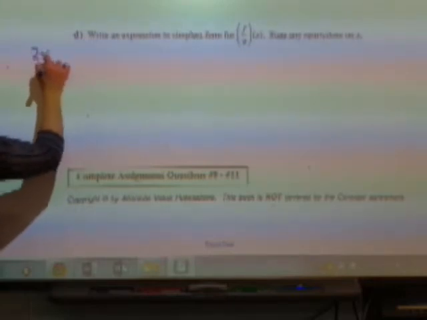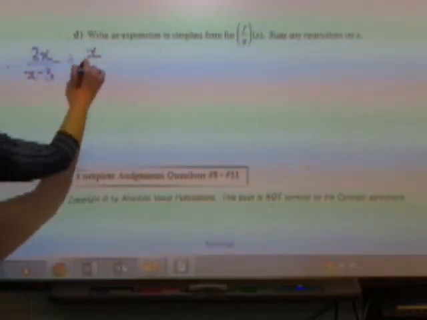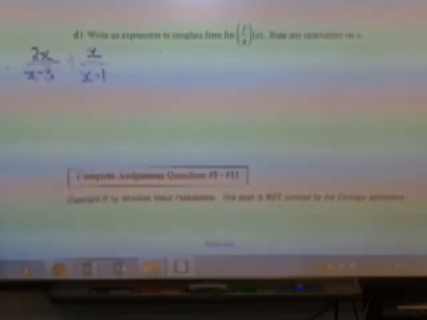And then question D says write an expression in simplest form for the quotient of the two functions. So the quotient of the two functions is 2x over x minus 3 divided by x over x minus 1. How do I divide rational expressions?